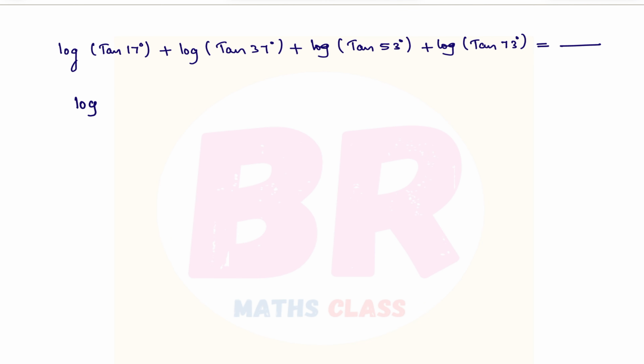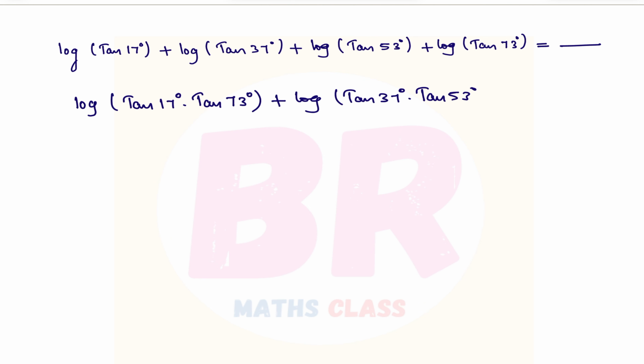So this will become logarithm of tan 17 degrees into tan 73 degrees. Similarly, you apply log m plus log n to these two terms. Log m plus log n is log mn. So this will become logarithm of tan 37 degrees into tan 53 degrees.